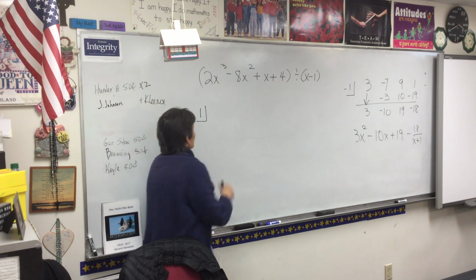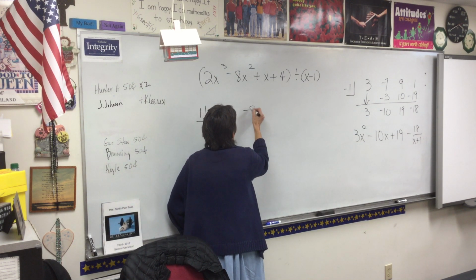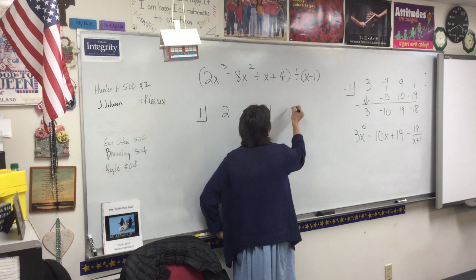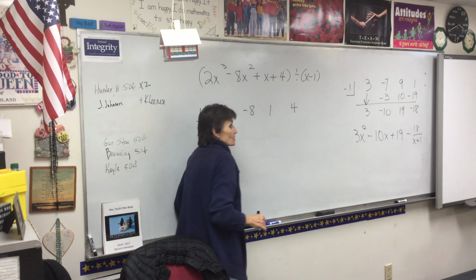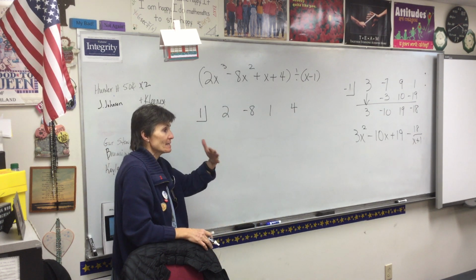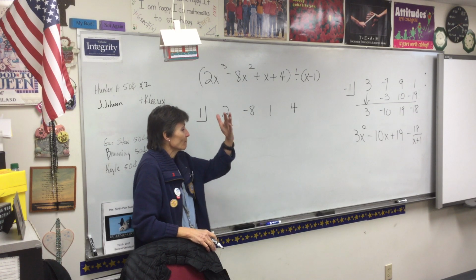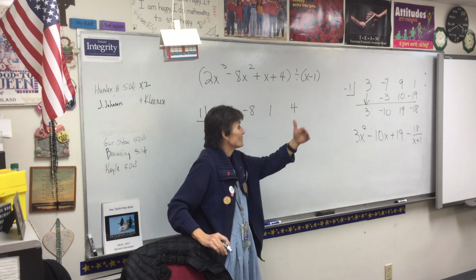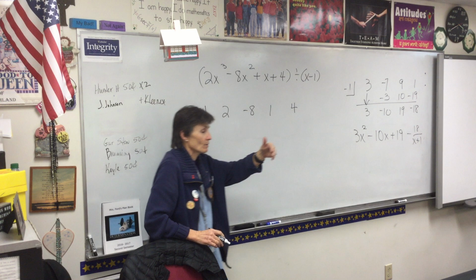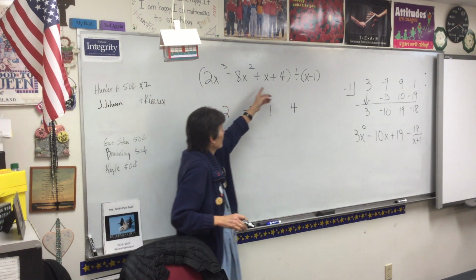Perfect. Do I have anything missing? No. So remember, when we say missing, we mean like you went from x to the 4th to x cubed to x. You missed a squared. We don't have that. We got every power up here.